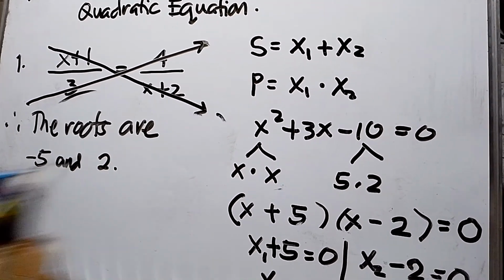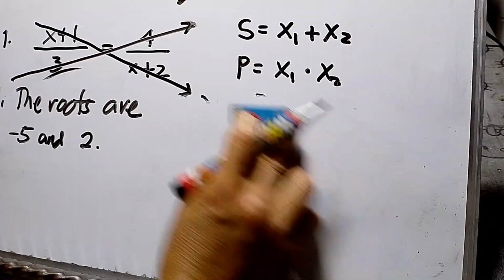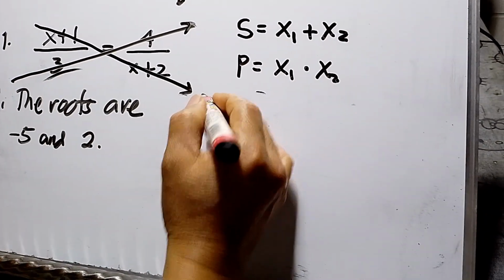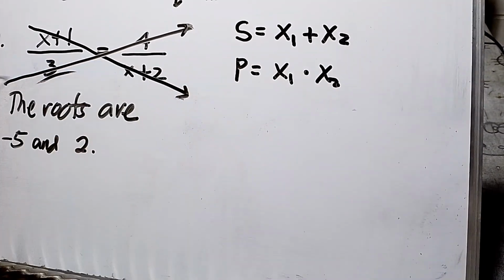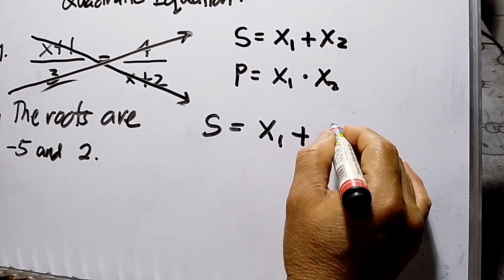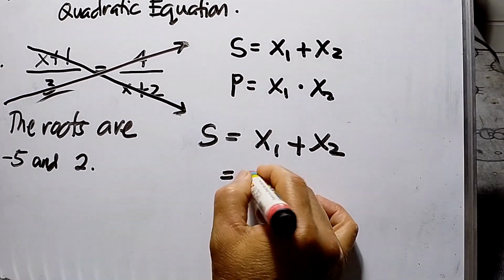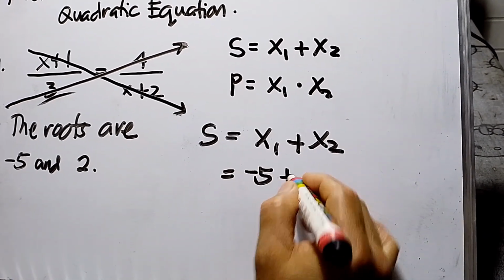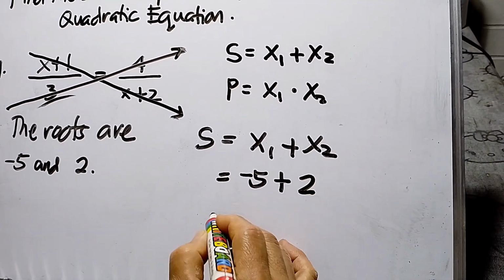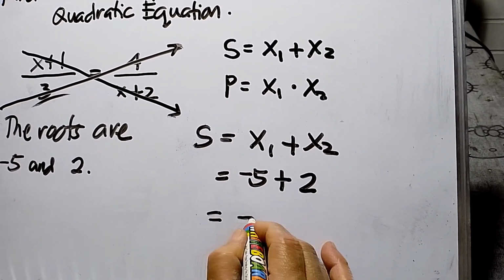Since we are asked to find the sum and the product of the roots, so we need to solve this one. So S is equal to x sub 1 plus x sub 2. X sub 1 is negative 5, then plus 2. So negative 5 plus 2 is negative 3.